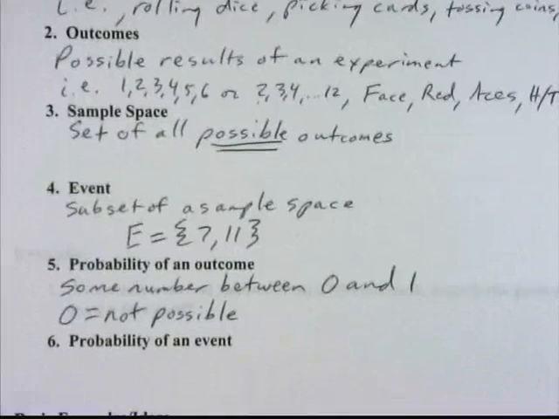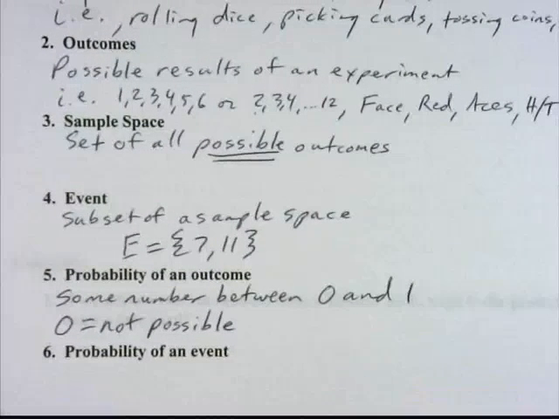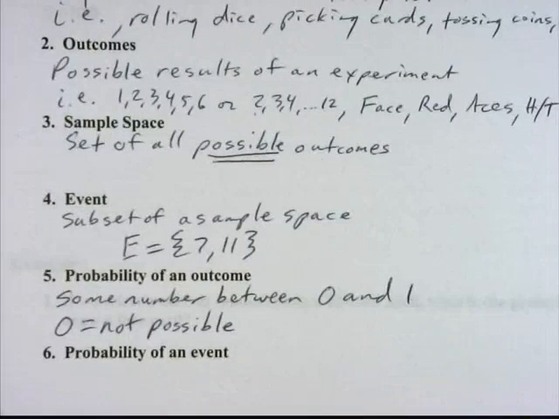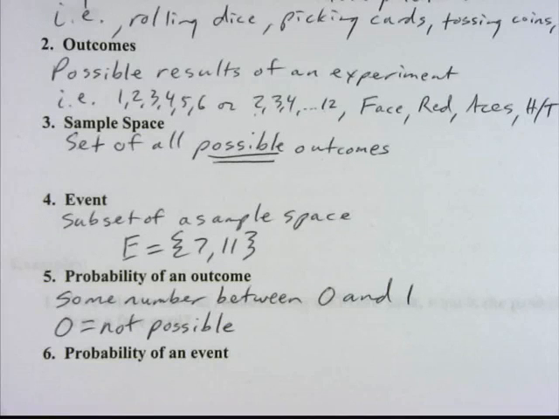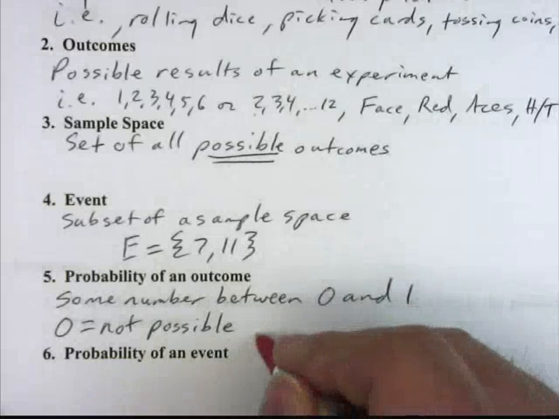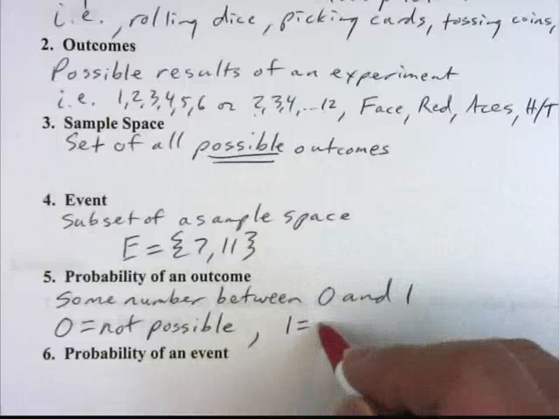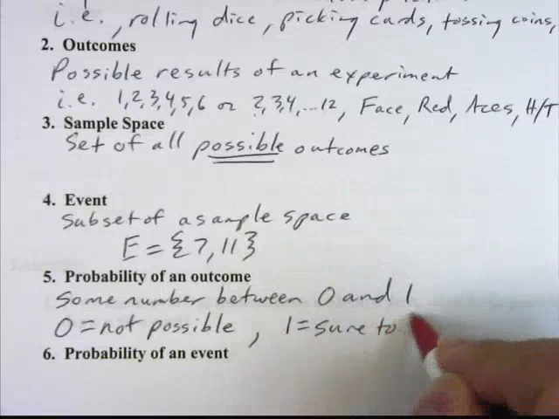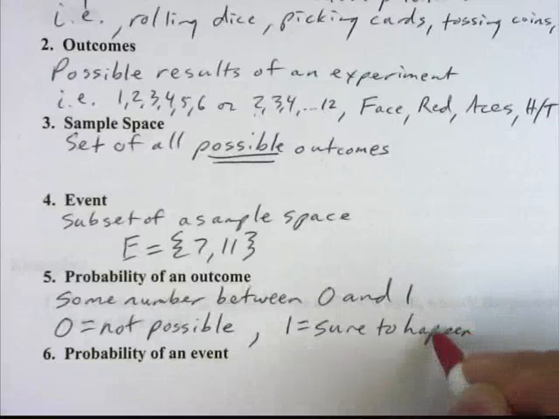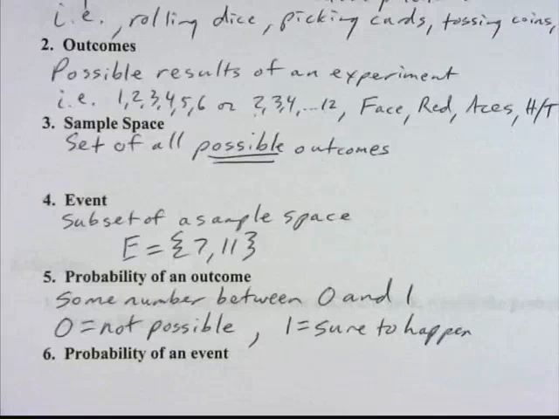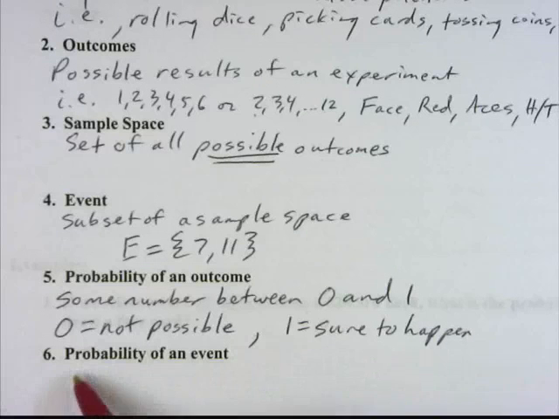So the probability of, let's say, me being in New York City this afternoon is 0. That's not possible. Alrighty? 1 would be sure to happen. Alrighty? And so, the probability of me going on to number 6 is a probability of 1.